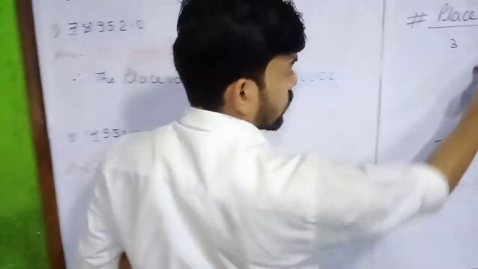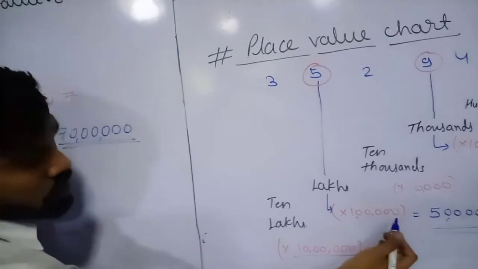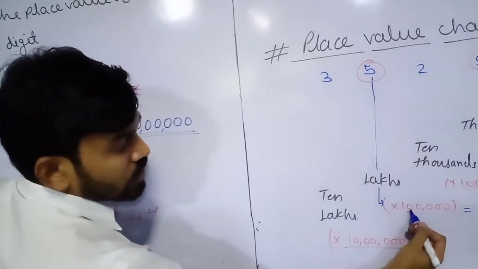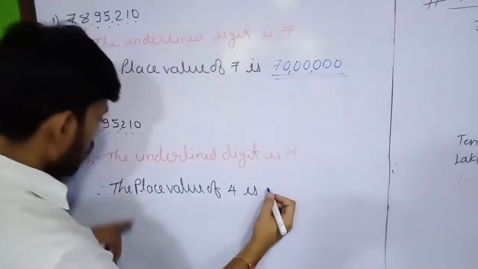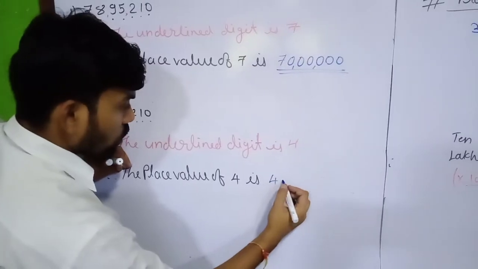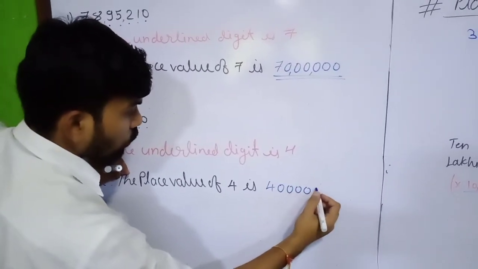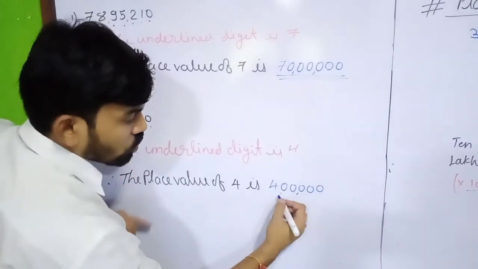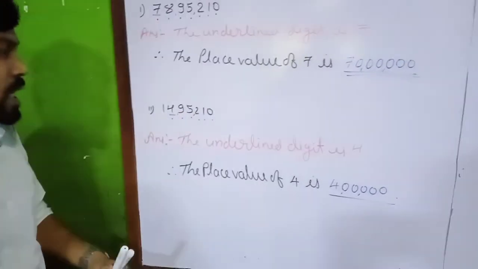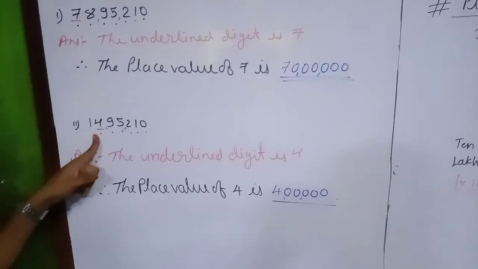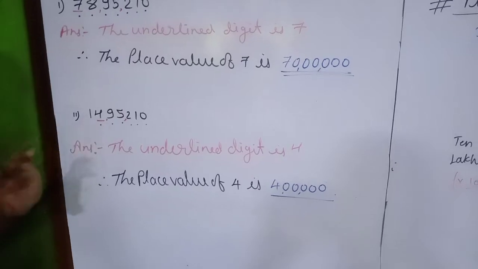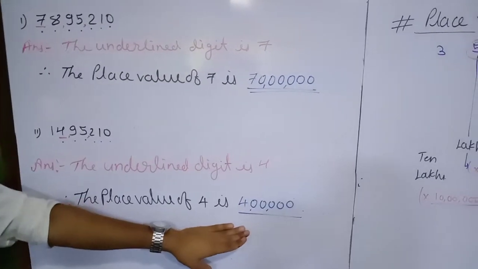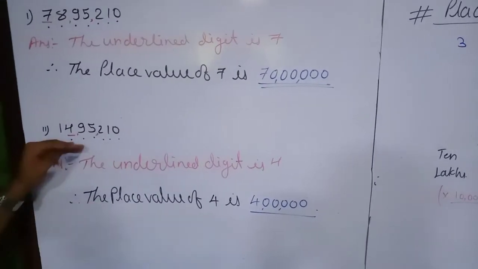Whenever we are talking about the lakhs, multiply with the lakhs. 1, 2, 3, 4, 5 zeros are increasing. So here we have 4, 1, 2, 3, 4, 5 zeros. Directly we can show that is 4 lakh, as it is at the lakhs place. So it could be multiplied with lakh and we get the place value of that.